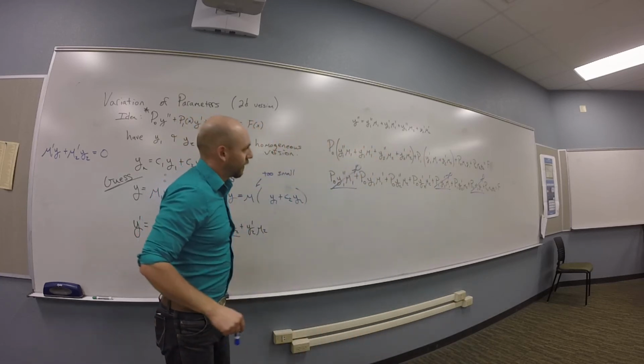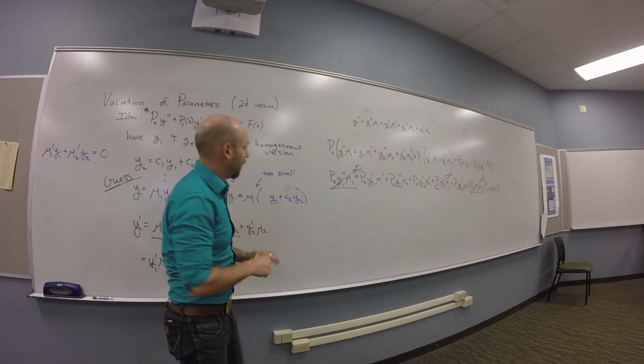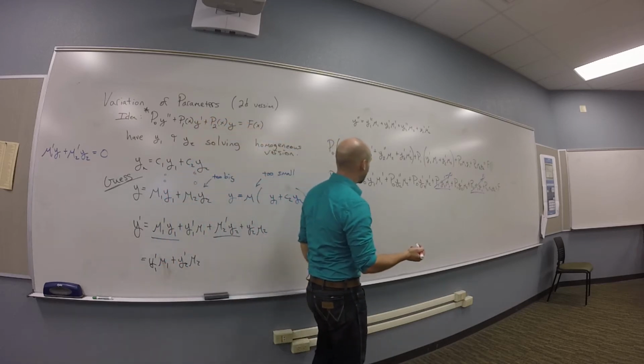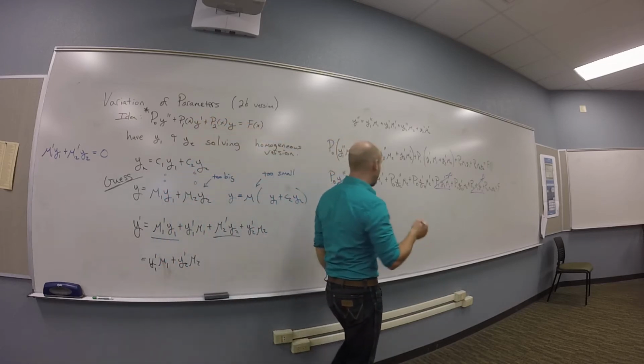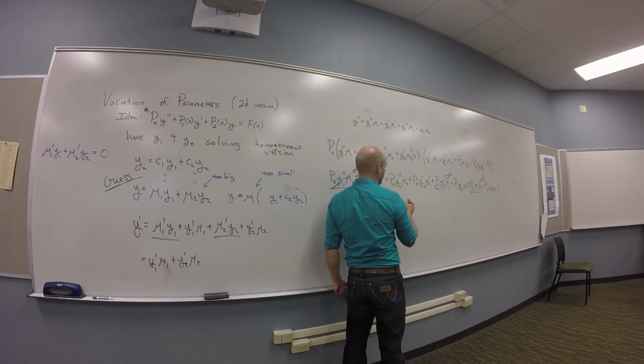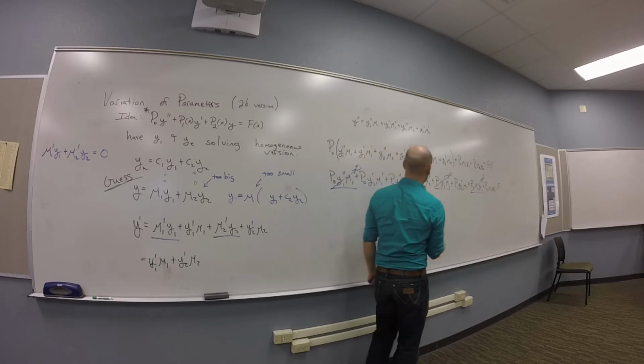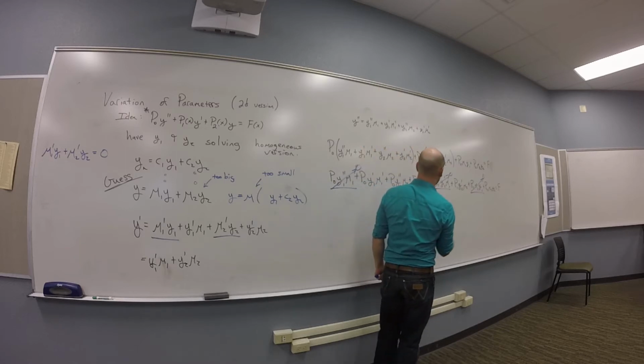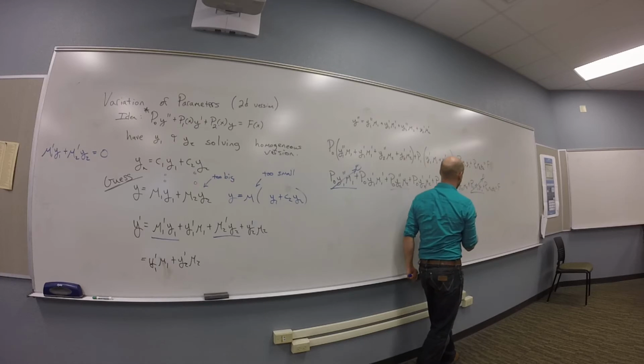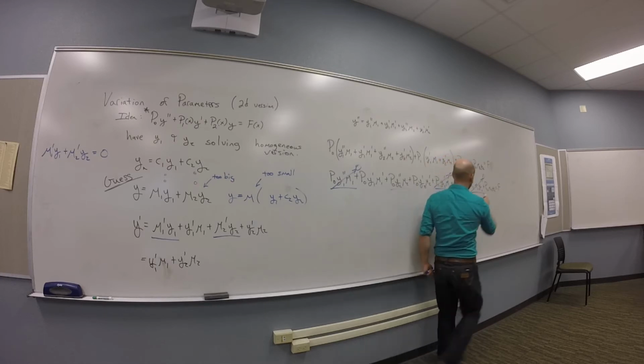And if I play that same game with y2, I want a P0 y2 double prime. That one. Then I want a P1 y2 prime. Got one of those. And I want a P2 y2. You got one of those.